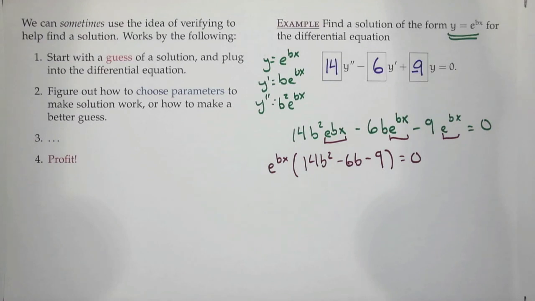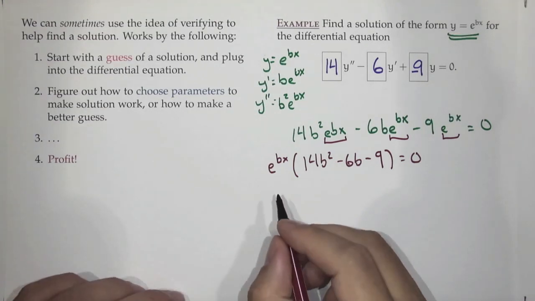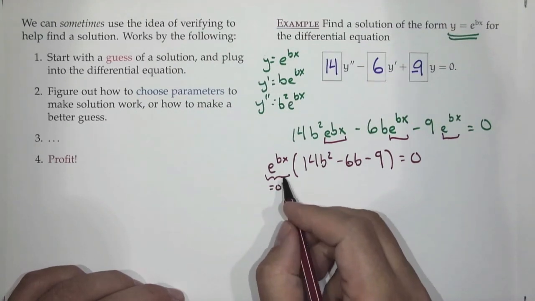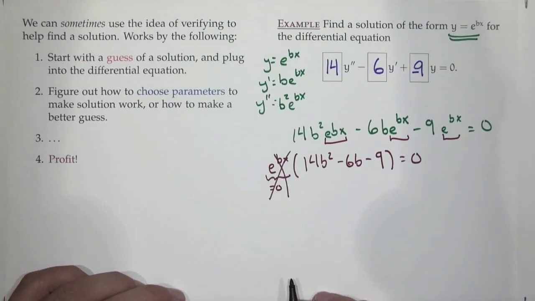This is a wonderful thing because there's a cool fact. If two things multiply together and the result is 0, what has to be true? One of them has to be 0. Now question, can the e to the bx ever equal 0? No. Okay, you're out.